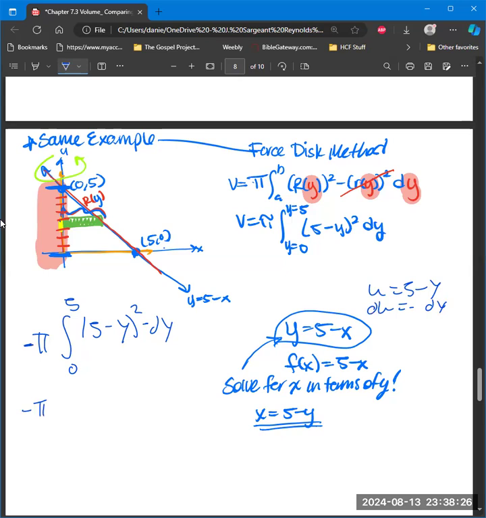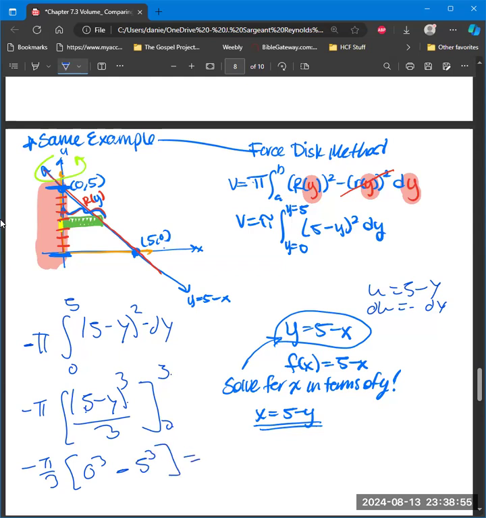So negative pi u cubed over 3 from 0 to 5. Negative pi over 3. Stick in 5. That's going to be 0 cubed minus, stick in 0, this is going to be 5 cubed.